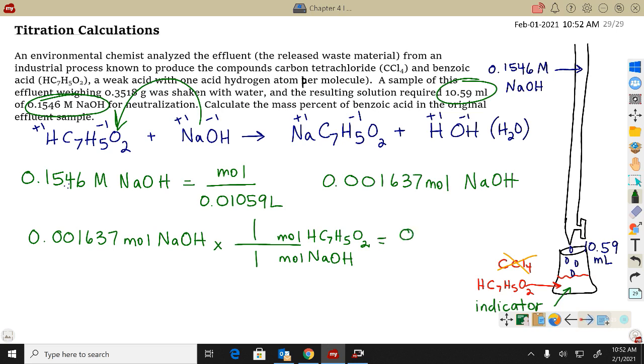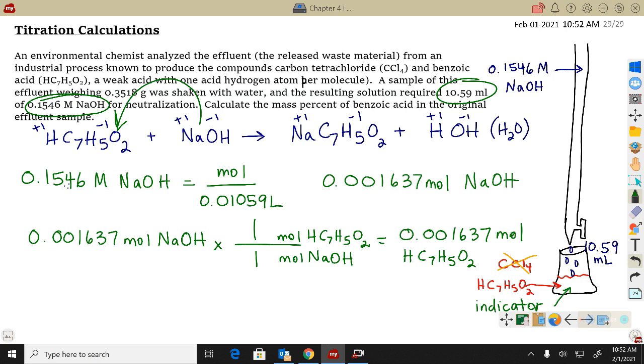I could say it's 0.001637 moles of acid, HC7H5O2. Sometimes we might be done. Maybe our final answer is just going to be how many moles of acid were in that mixture.